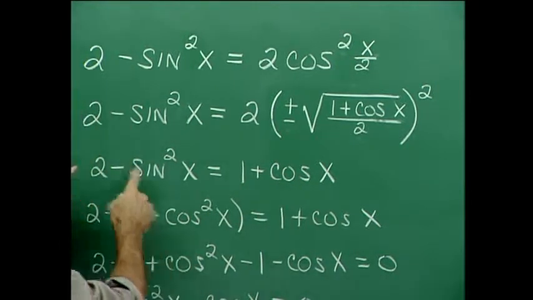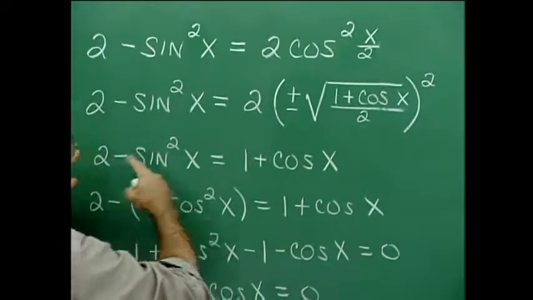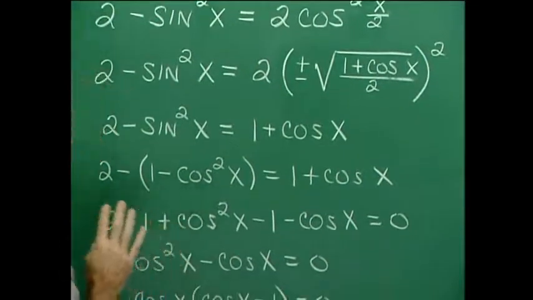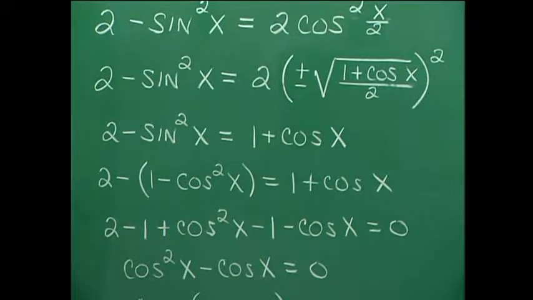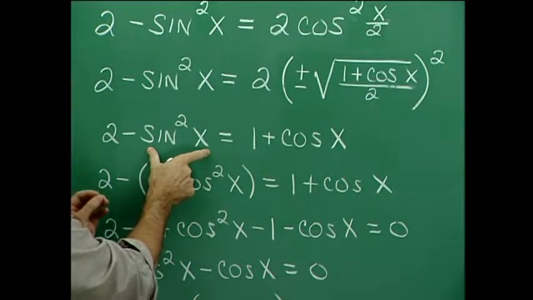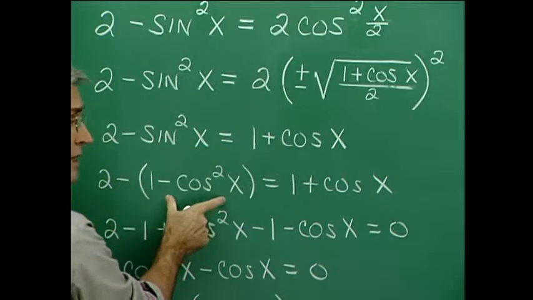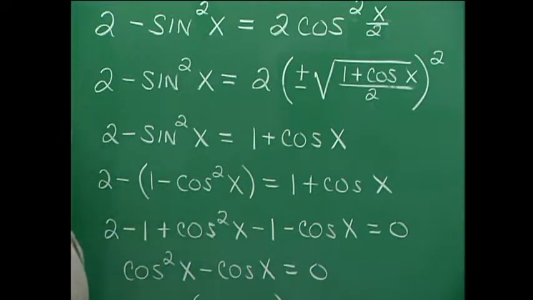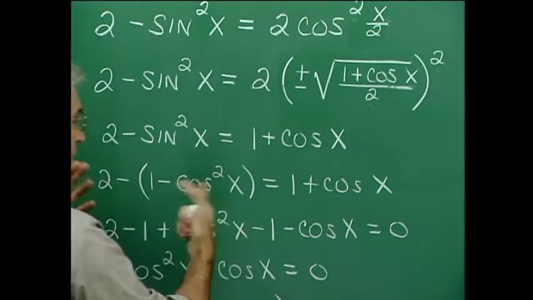Well, that's rather nice. And then we look at the two sides of the equation and we think, well, how can we rewrite this so that we're dealing with only one ratio? And we can do that pretty easily by taking the sine squared x and rewriting it as 1 minus cosine squared x, using that primary Pythagorean identity. All right, and then we just resolve this situation.